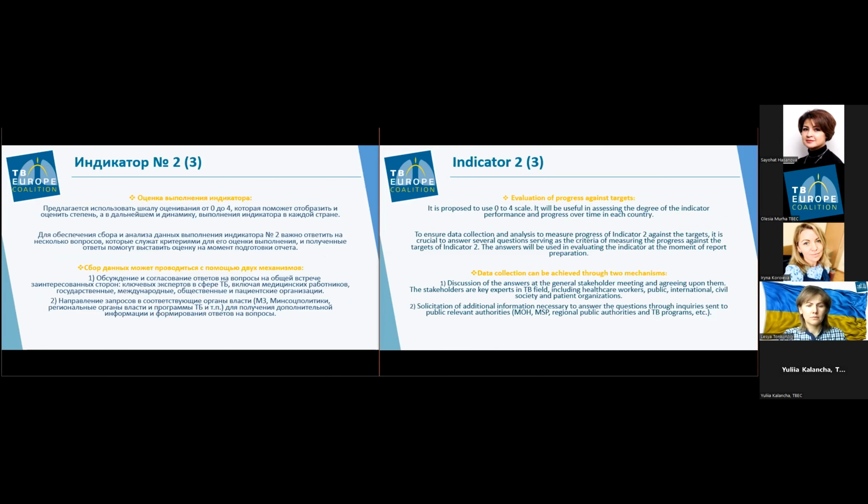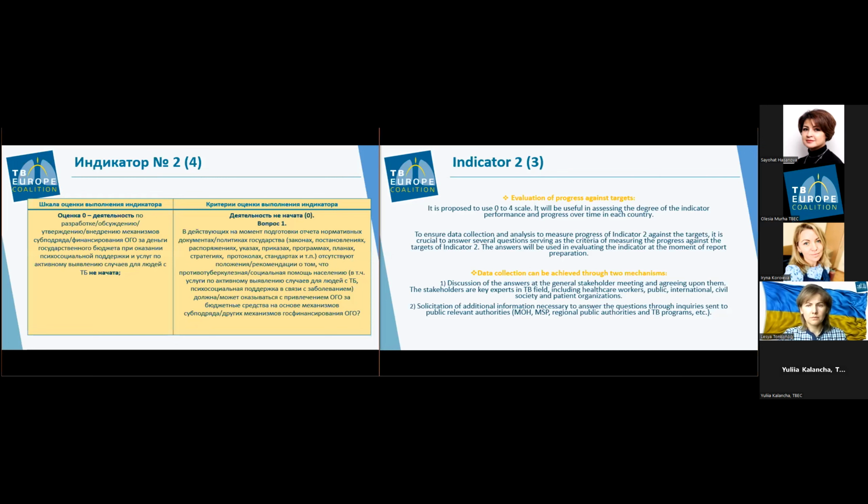Also, we suggest the same approach, the scoring system from 0 to 4, and the same mechanism of data collection, discussion and agreement, and the submission of the applications to the government bodies. Some aspects are duplicated here and in the indicator number 1, and I suggest that we switch to next slide.